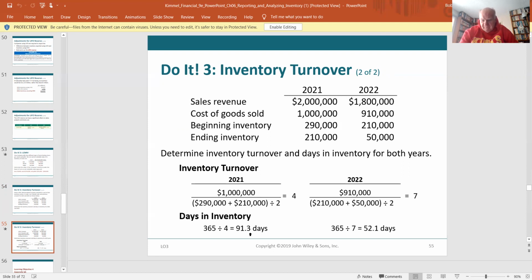The lower the better, obviously. Look at the big improvement they made the next year. Somehow they were able to really reduce their inventory level, which is a great thing. So they knocked their inventory level down from 210 to 50,000. They dropped it to like 75%. That accounts for that huge improvement.